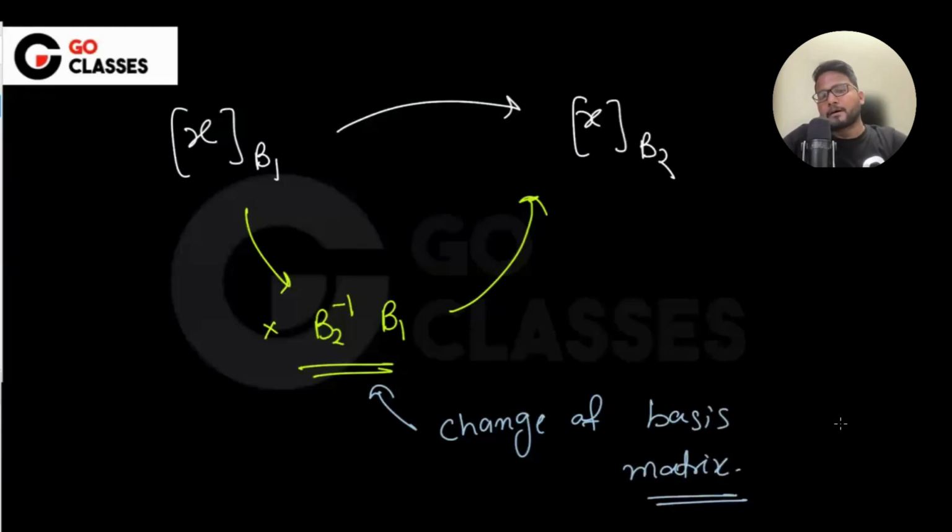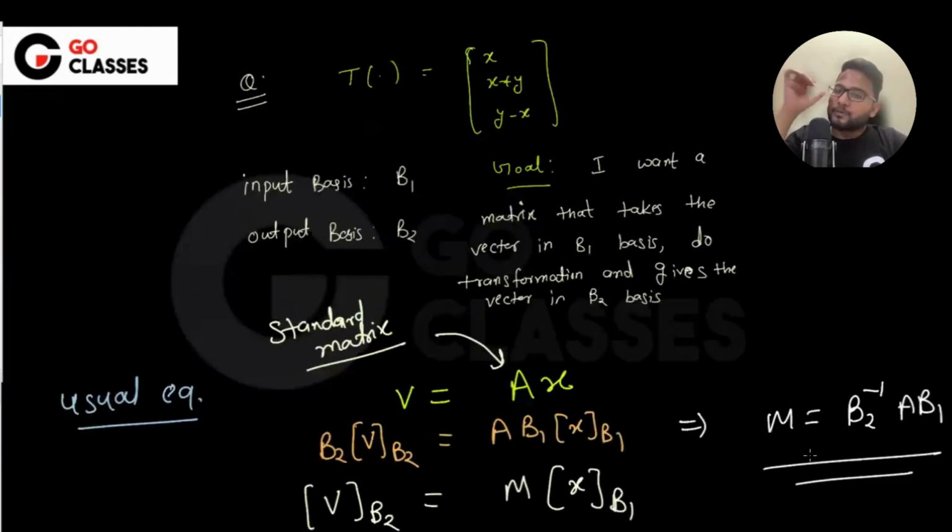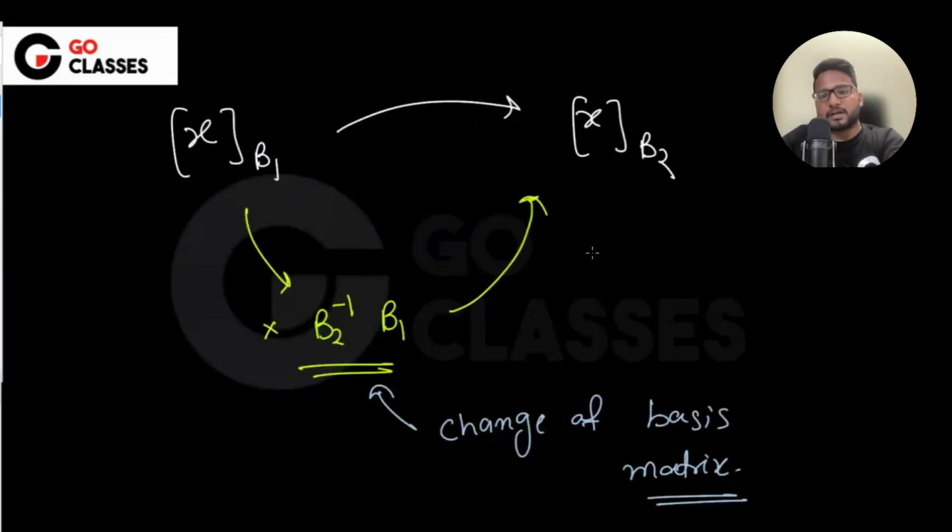Now, if your linear transformation is, let's suppose, not doing anything, which means it is the identity matrix, then isn't it just changing the basis, B2 inverse B1, which is the same as the change of basis matrix, right? We will talk more about it, but intuitively, just relate it for a minute.